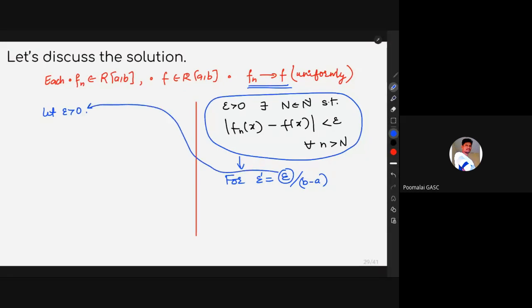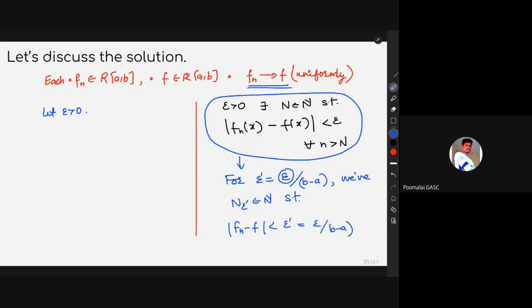I'm starting with an epsilon over there, and I'm taking a new epsilon prime, and finding the corresponding N. So this is N(epsilon prime) in the natural numbers such that |f_n - f| is smaller than epsilon prime, which is epsilon by b minus a. We will see why I'm doing this.